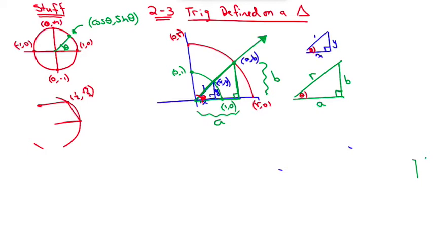These two triangles are proportionate to one another, so if you zoom in or zoom out, they look exactly the same. So if they're proportionate to each other, what kind of proportions can I set up? Pick one, doesn't matter. x over 1 equals a over r.